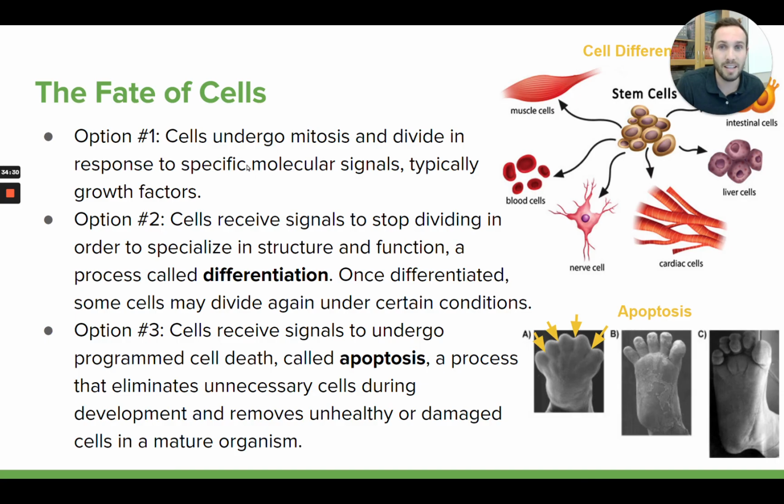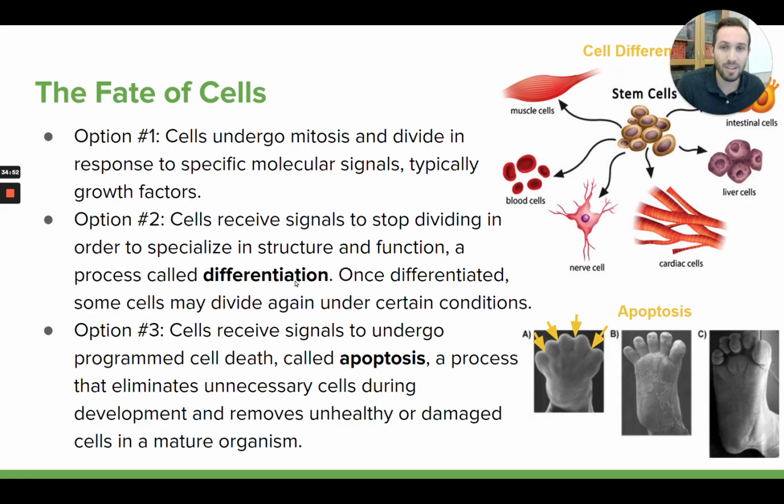Some cells just keep dividing, and then they divide more and more and more. Option two is some cells, once they form, turn into specialized cells, like blood cells or muscle cells or heart cells or liver cells. We call that cell differentiation when they become specialized cells.